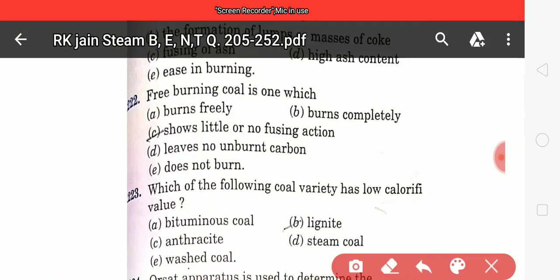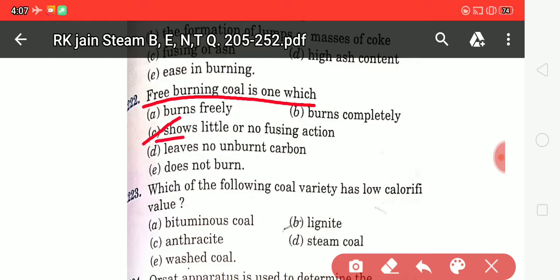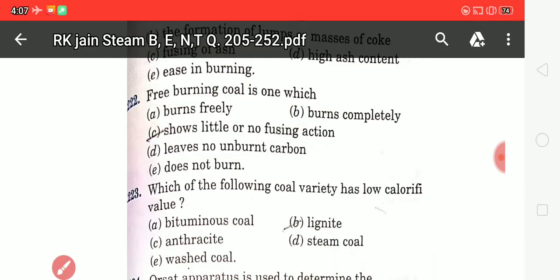Free burning coal is one which shows little or no fusion action.